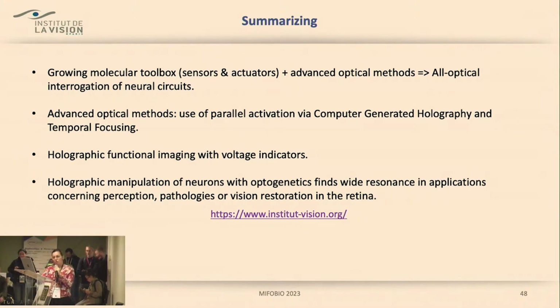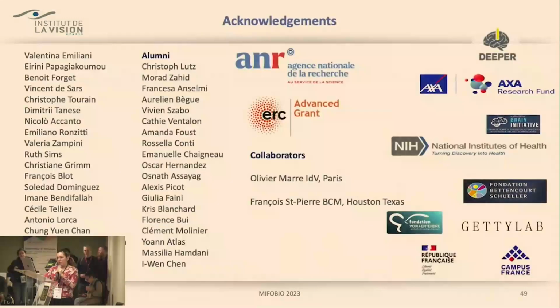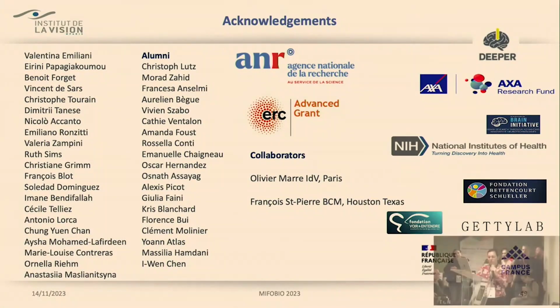And holographic manipulation of neurons can have wide resonance and applications in several fields of neuroscience that I haven't shown you here, such as studies concerning perception, which are already published, pathologies, or, as I showed you here, vision restoration in the retina. This is, again, collaborative work, and a lot of people have worked on it.